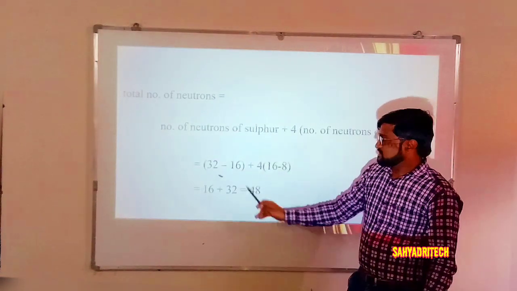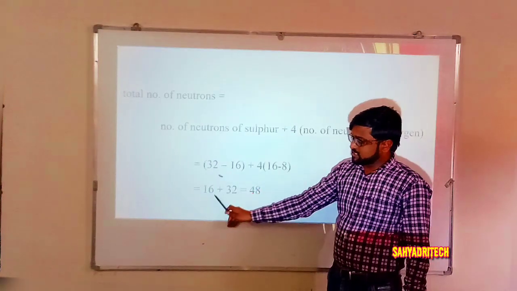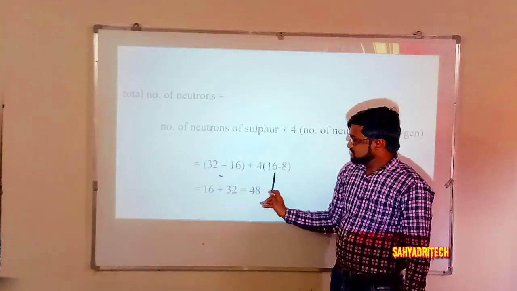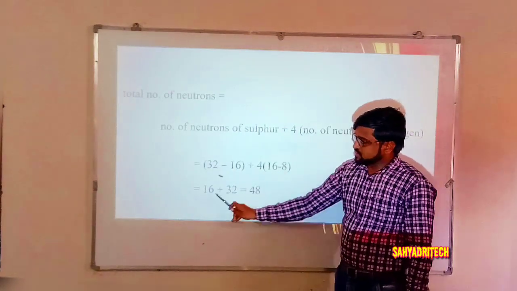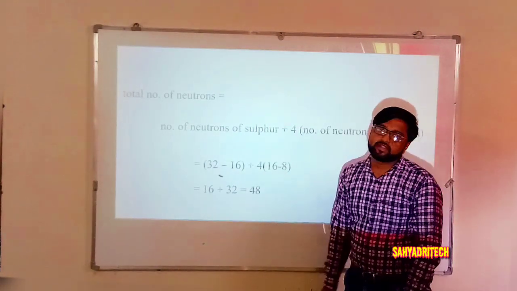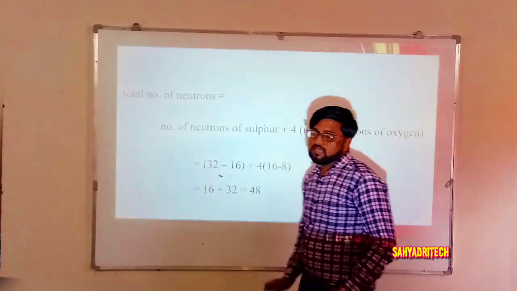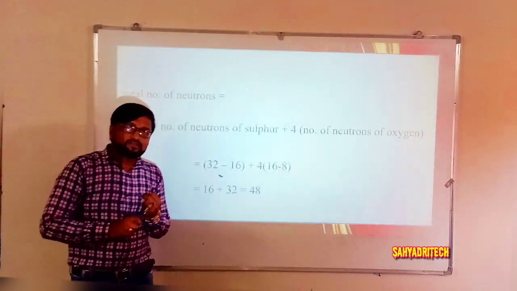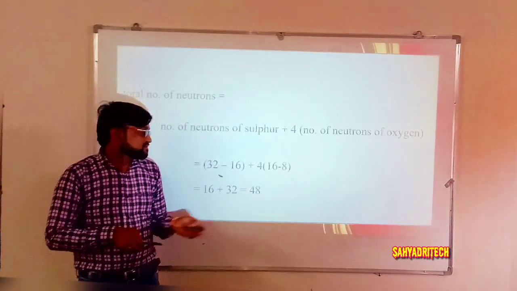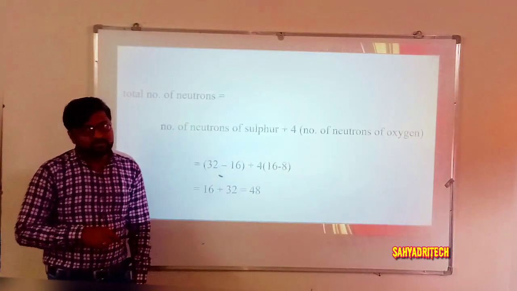So 32 minus 16 is 16, plus 4 times 8 is 32, so 16 plus 32, answer 48. So if I consider the sulfate anion, it contains 48 protons, 50 electrons, 48 neutrons.